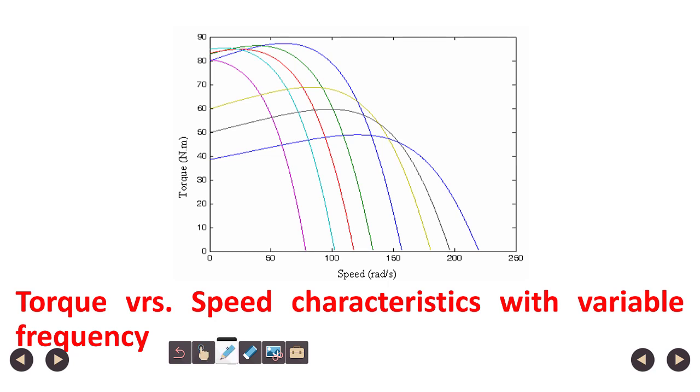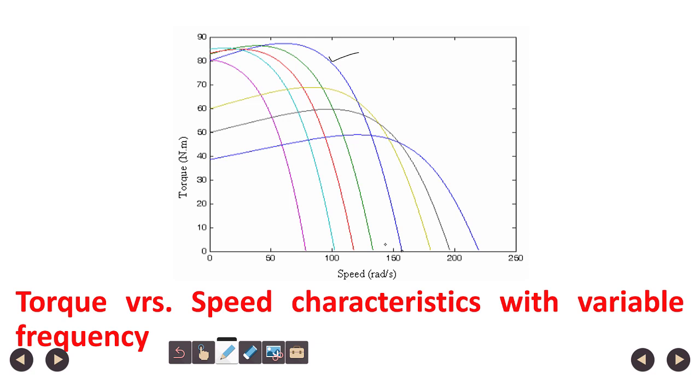This blue line corresponds to the rated frequency of 50 hertz. For a 50 hertz, 4 pole machine, the synchronous speed is 1500 rpm. So, this blue one is for the rated frequency of 50 hertz for the 4 pole machine.